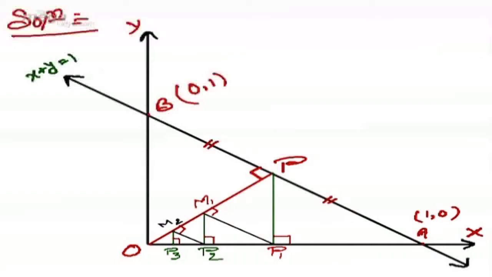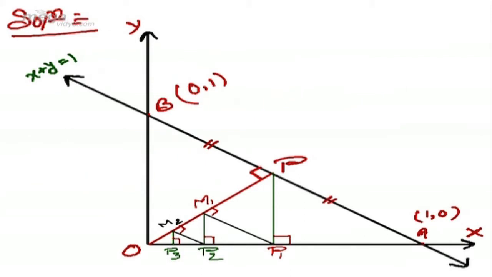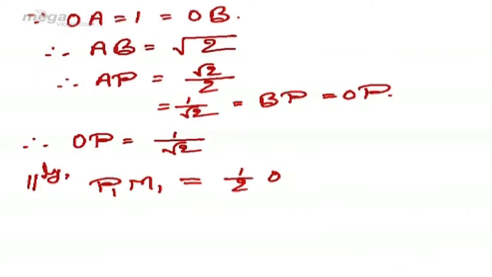Because PP1 is perpendicular, the angles are 45 and 45, so P1M1 equals half of OP, which is 1 upon 2 root 2.